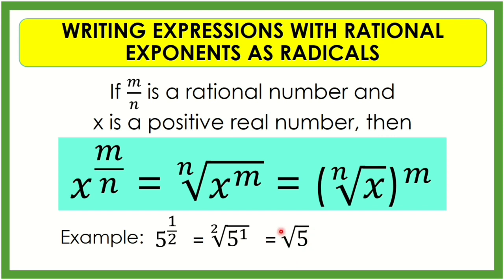Tandaan, kapag wala kayong nakikitang index dito, that is 2. And kapag wala tayong exponent dito na nakikita, that is 1. So, 5 raised to 1/2 in rational exponent is equal to square root of 5. So, ito yung kanyang radical form.